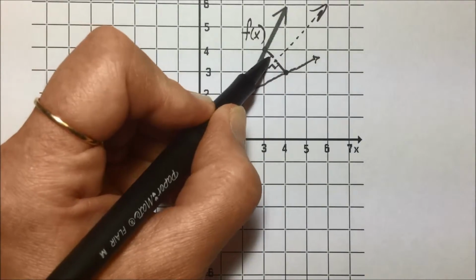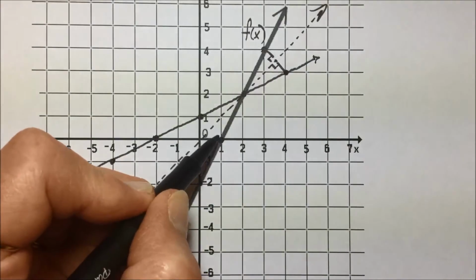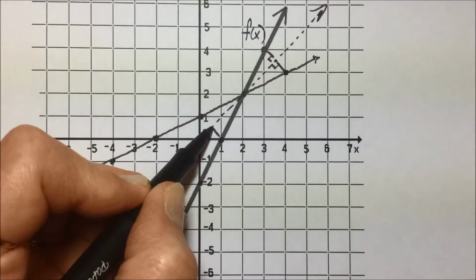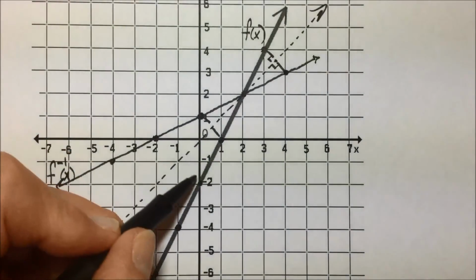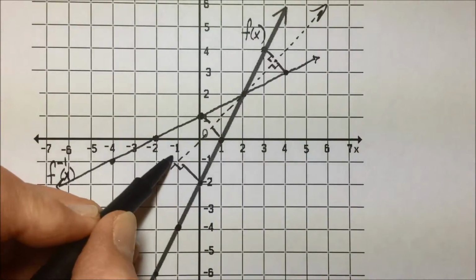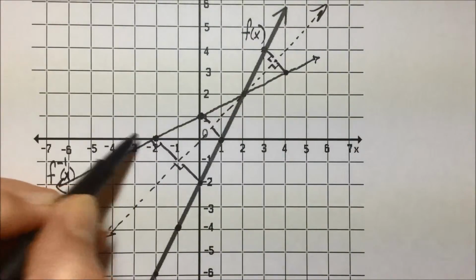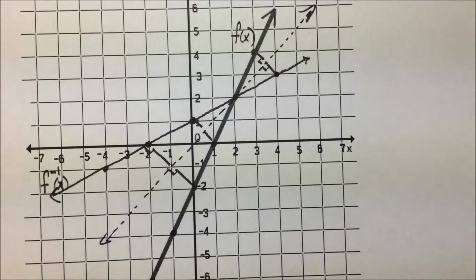If we reflect that about the line, we would have the point here. We have a second point. Likewise, here perpendicular, this point on our function, if we reflect it through there, we have our point on our inverse function. And we could continue on for the graph.